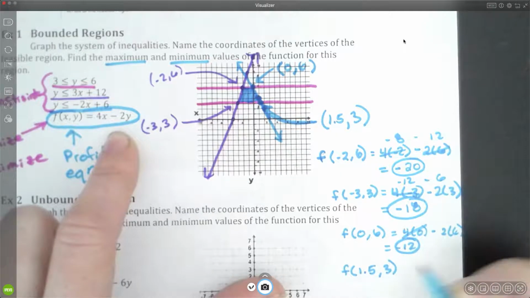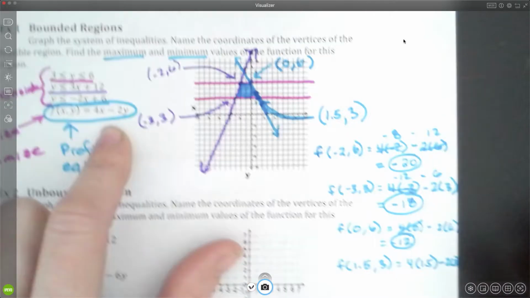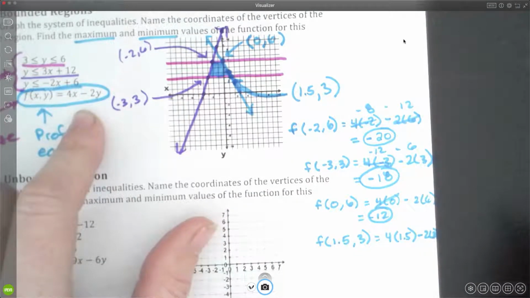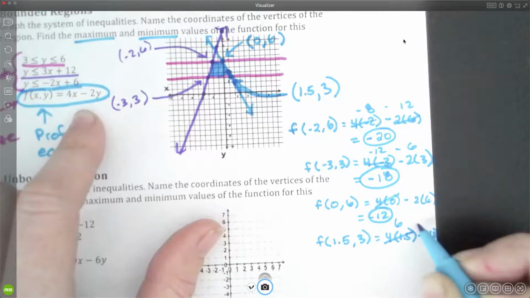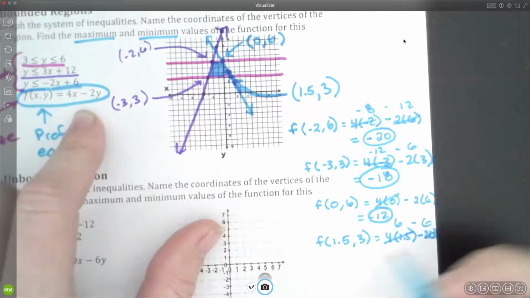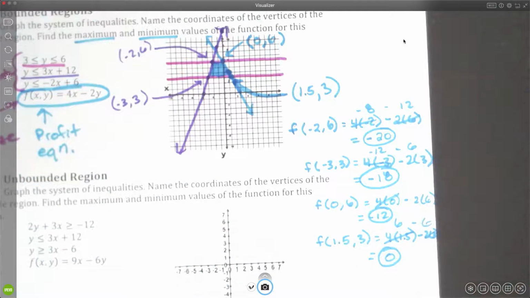Equals 4 times 1.5 minus 2 times 3. Do you know what 4 times 1.5 is? 6. Yep, 6 minus 6, which is 0.